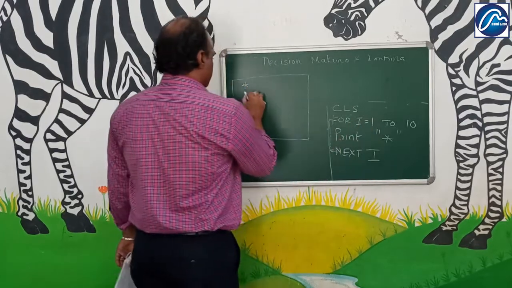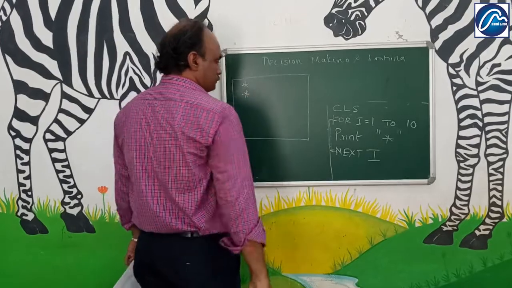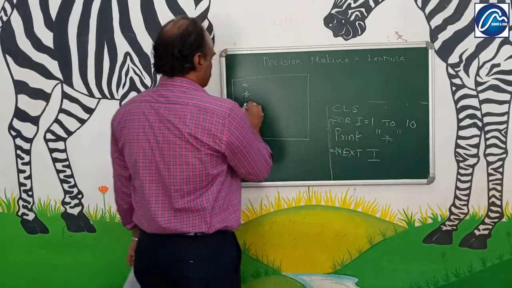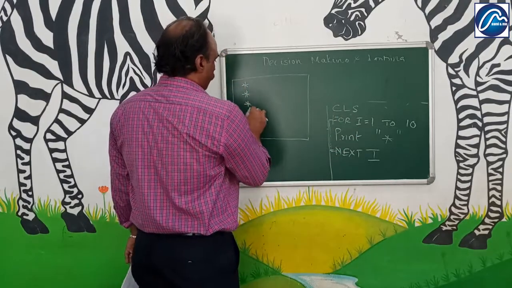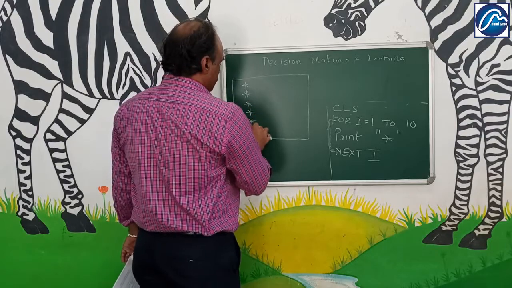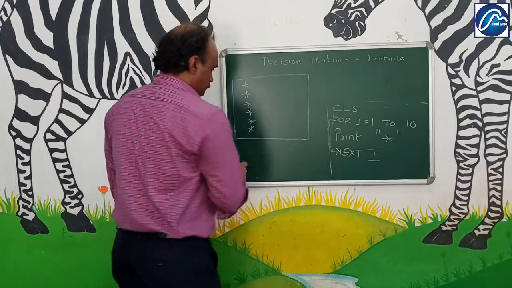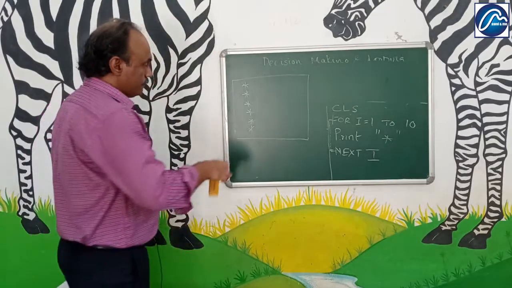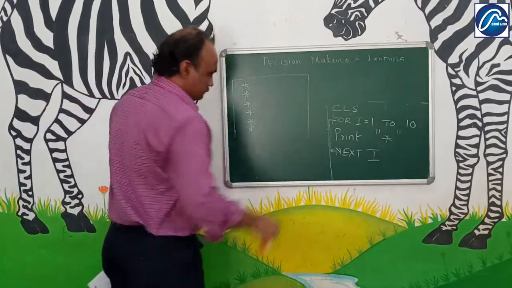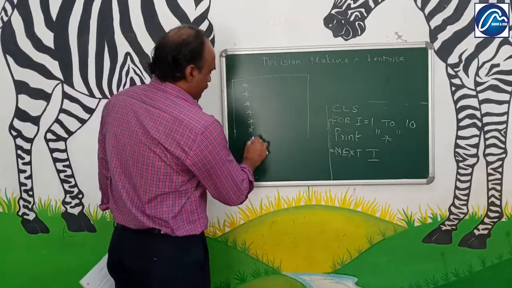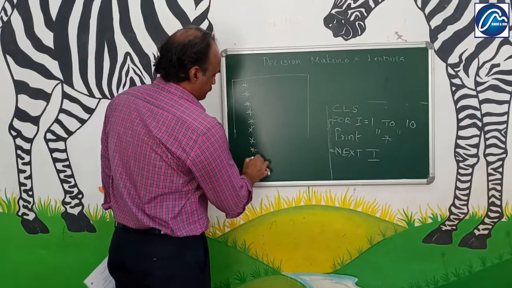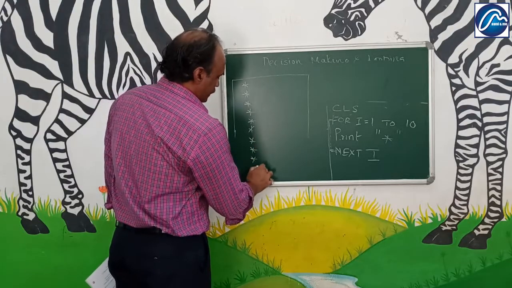Print x. Next I. 3, 4, 5, 6. We will make the monitor a little bigger. 7, 8, 9, 10.